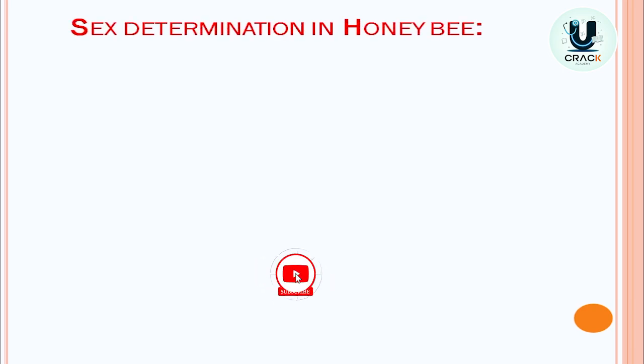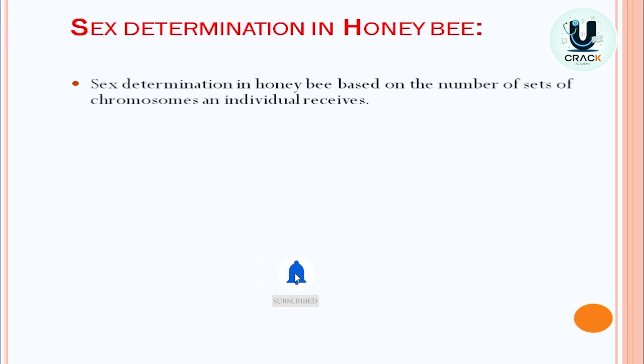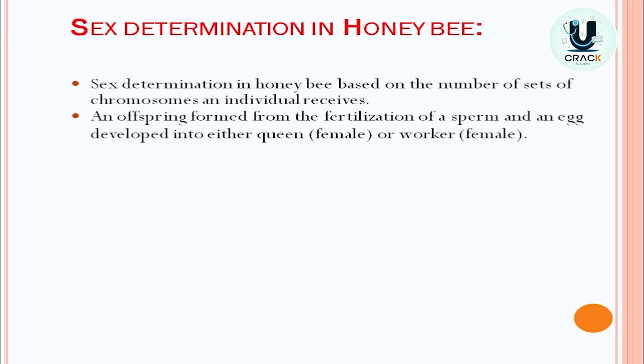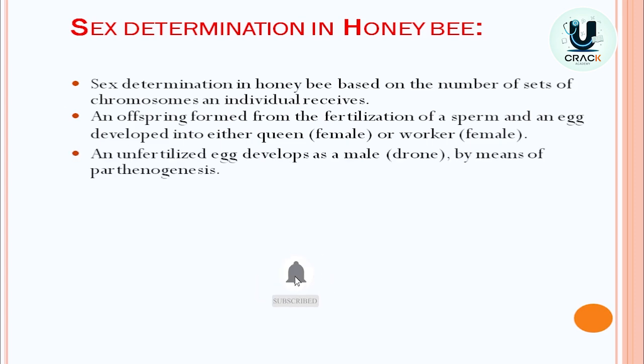Here it's about the honeybee. Everything is similar; only the number of chromosomes differs. The offspring from the fertilization of sperm and egg develop into the queen and worker bee, which are female. An unfertilized egg develops as a male drone, which means parthenogenesis.